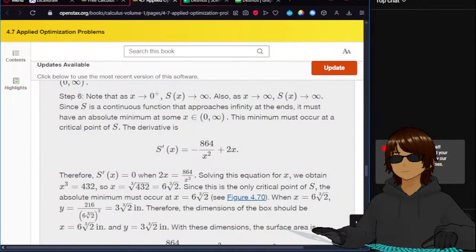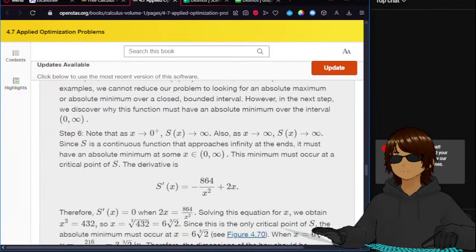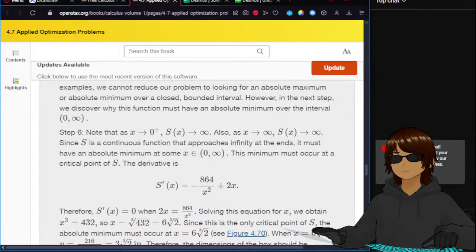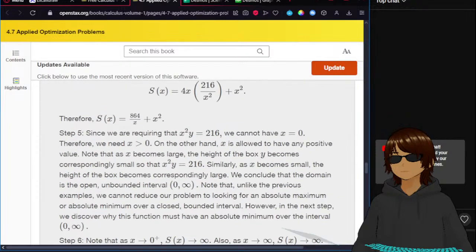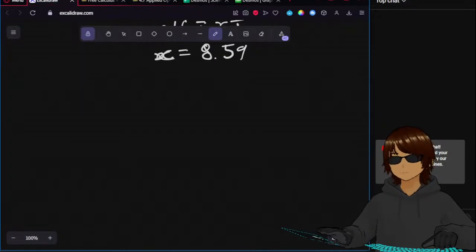How did I get this? Am I getting this wrong?